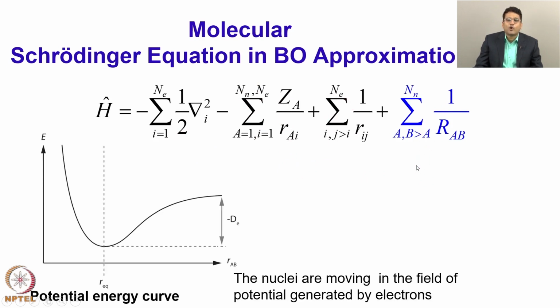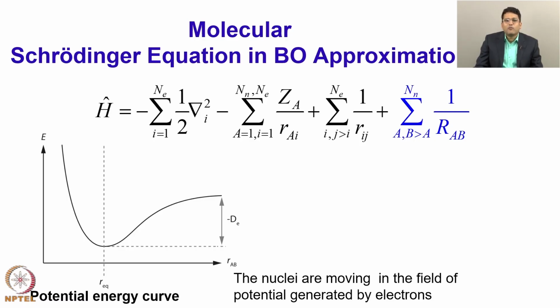And this gives us the concept of the potential energy curve. In the potential energy curve, the nuclei move in the field of potential generated by the electrons. That is why it is called a potential energy curve, and if I had taken three dimensions, it would have been called a potential energy surface or PES.